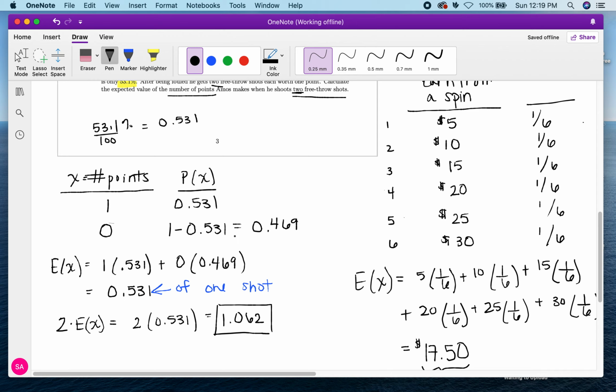So if he's making 2 shots, chances are he's only going to make 1 of those. But again, it's probability, so we have a decimal, so this is the exact answer that you want to type in. But when we think about it in context of the actual problem, yeah, chances are he's only going to make 1 point out of those 2 shots.